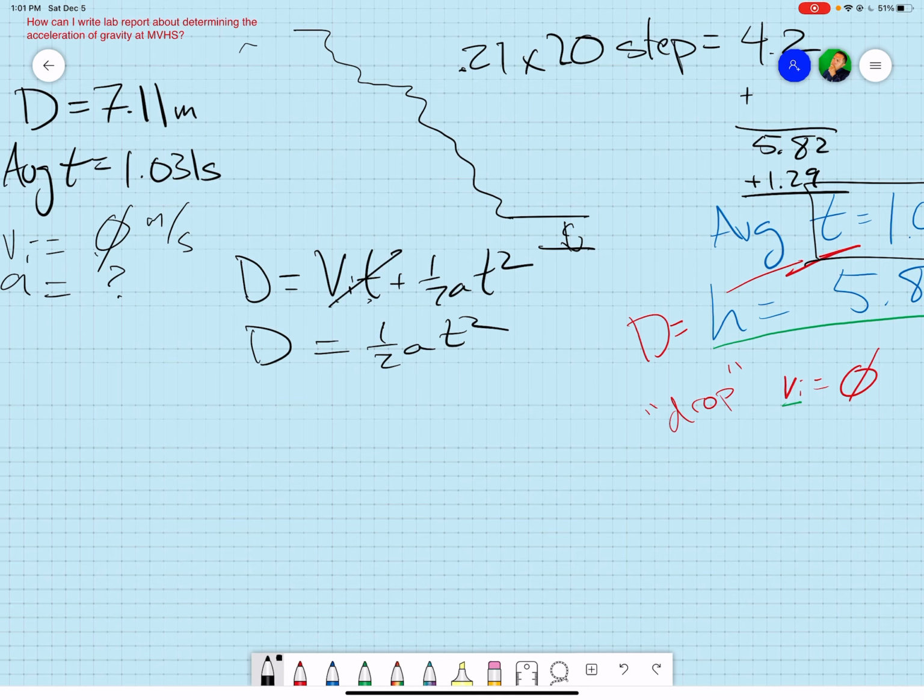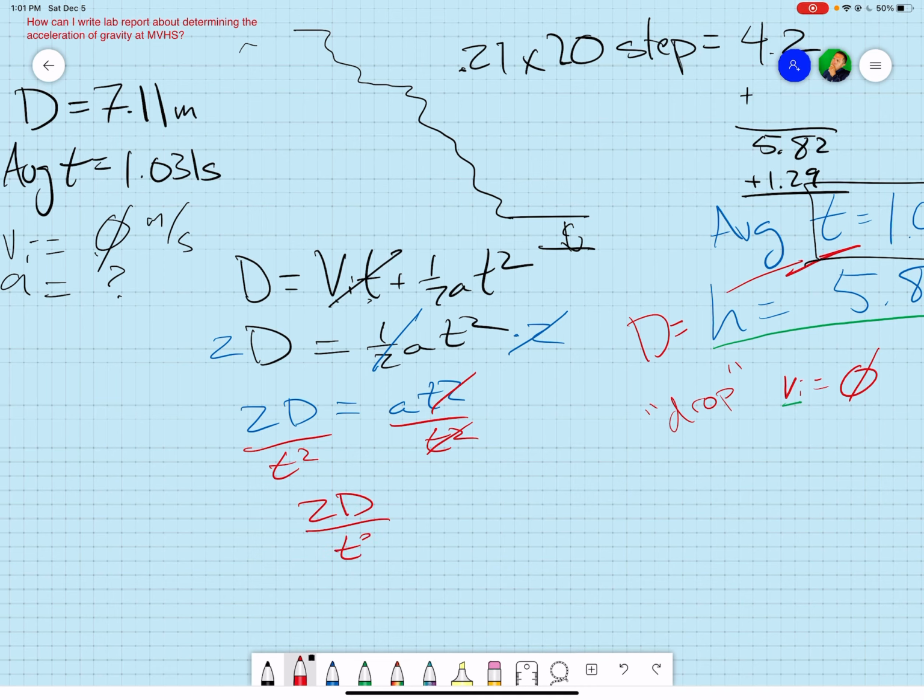Okay, now we do a little bit of algebra because we need to get a by itself, so I multiply both sides by 2 so that the 1/2 gets crossed out because 2 times 1/2 is 1. So I have 2d is equal to a t squared. Now I divide both sides by t squared, and because we're not solving for t, we don't need to square root it. So now we have 2d divided by t squared is equal to my acceleration.